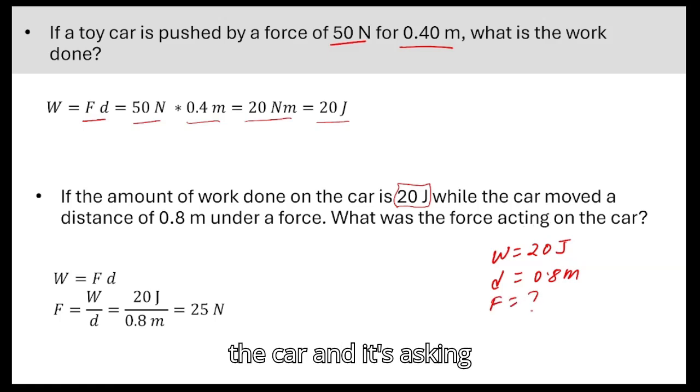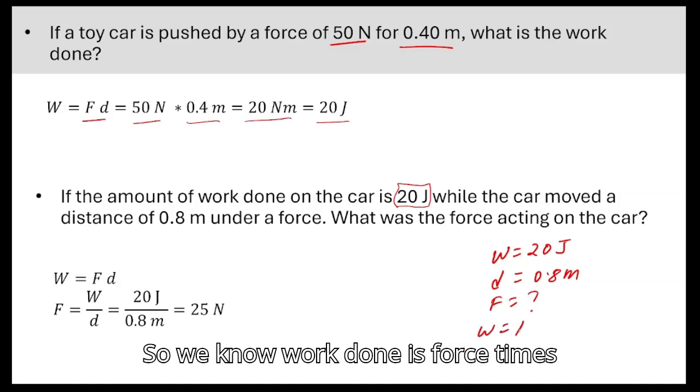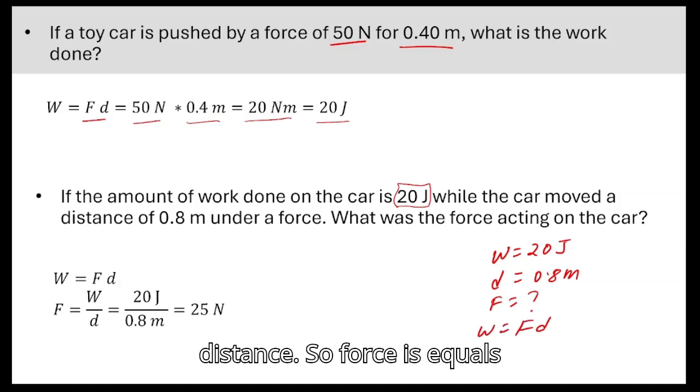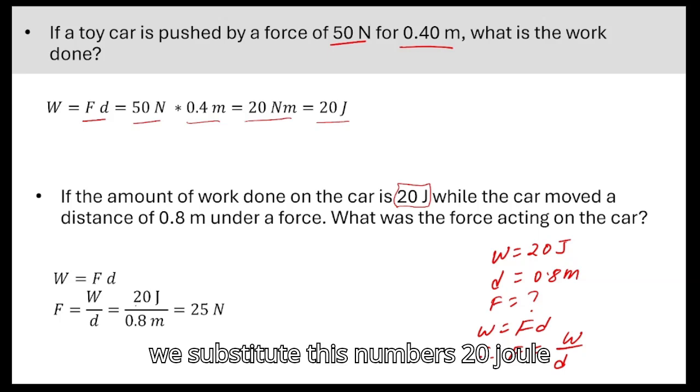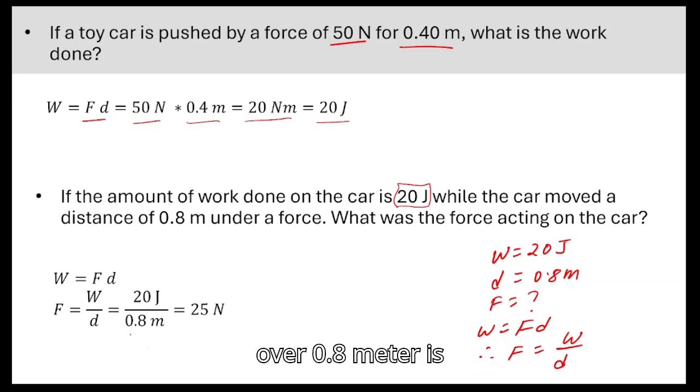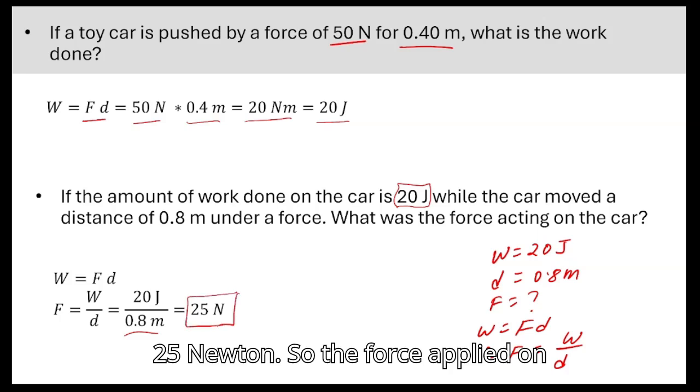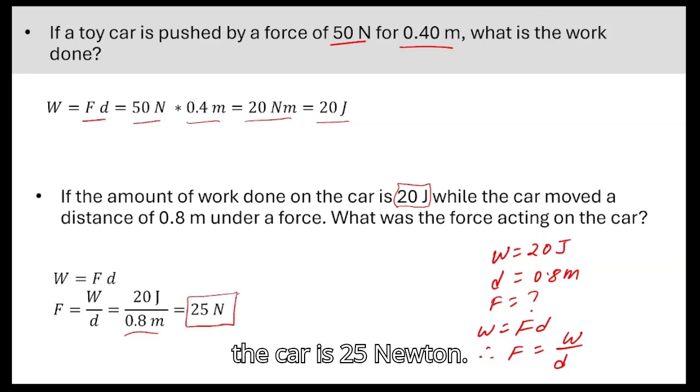It's asking us to calculate the force. So we know work done is force times distance, so force is equal to work done over distance. If we substitute these numbers, 20 joule over 0.8 meter is 25 Newton. So the force applied on the car is 25 Newton.